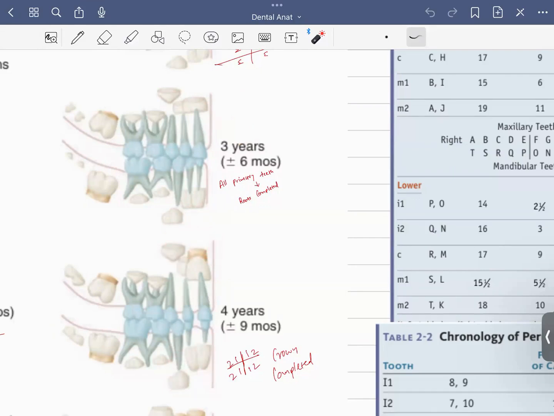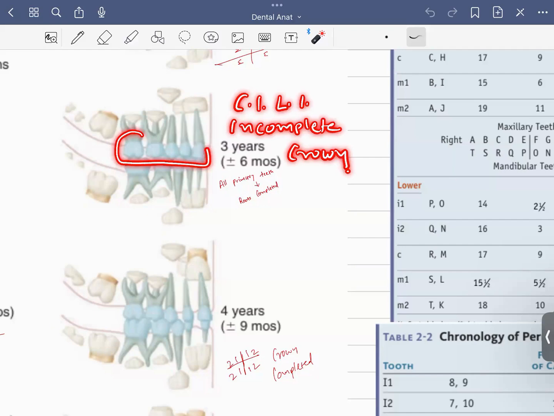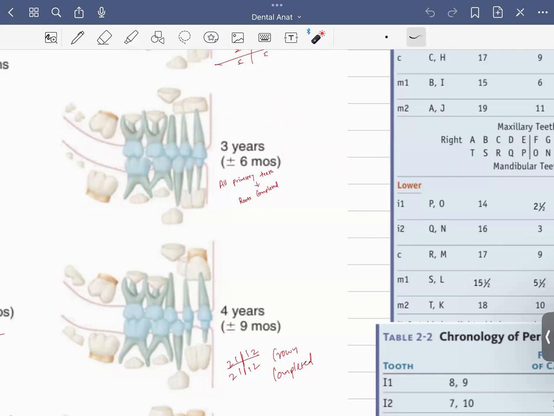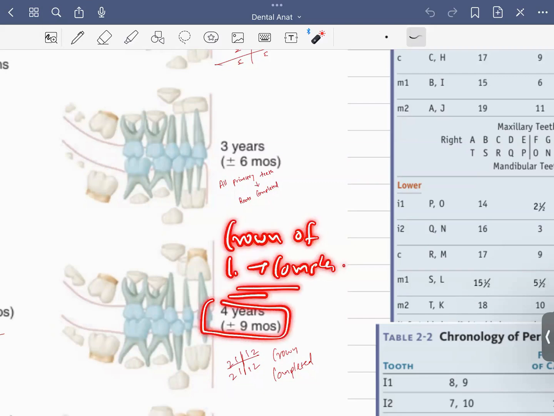So if you see the central incisor and lateral incisor with incomplete crown, while all the deciduous dentition are in occlusion, the age will be 3 years plus or minus 6 months. But in the same condition where all of them are in proper occlusion, they've erupted, but the crown of the incisors have completed, then the age will be 4 years plus or minus 9 months.